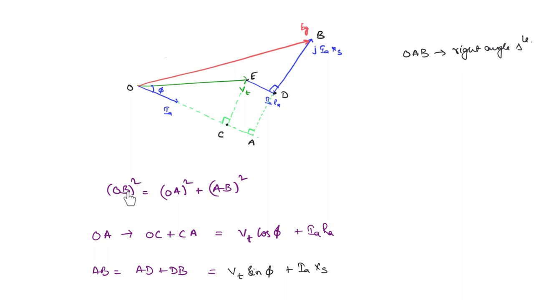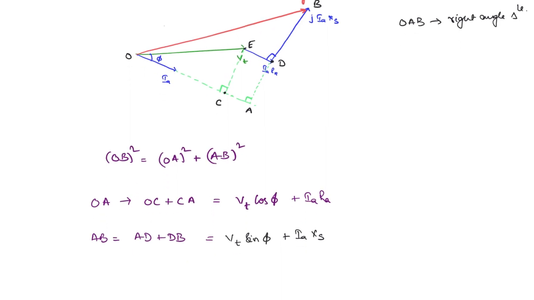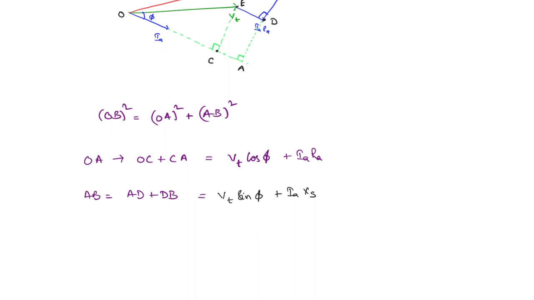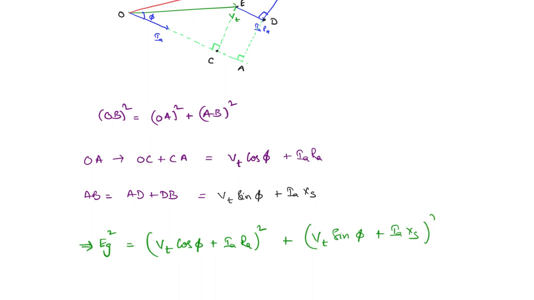Okay. So now you have OA and you also have AB. So you can find OB whole square. So what is OB whole square? It is nothing but the generated voltage Eg. So Eg square is equal to (VT cos phi plus IaRa) whole square plus (VT sin phi plus IaXs) whole square.